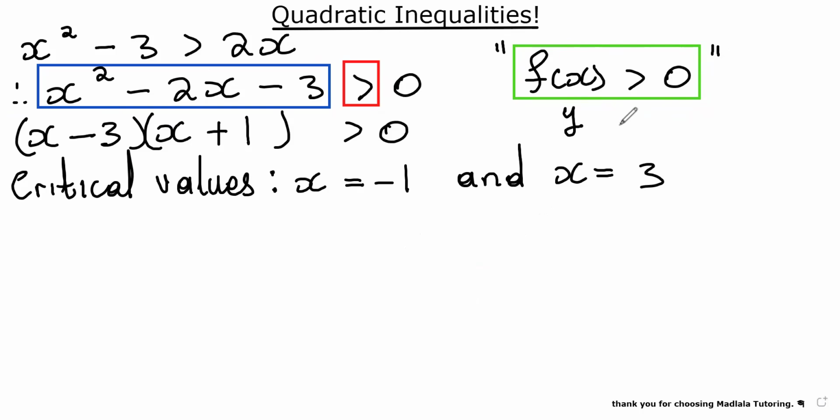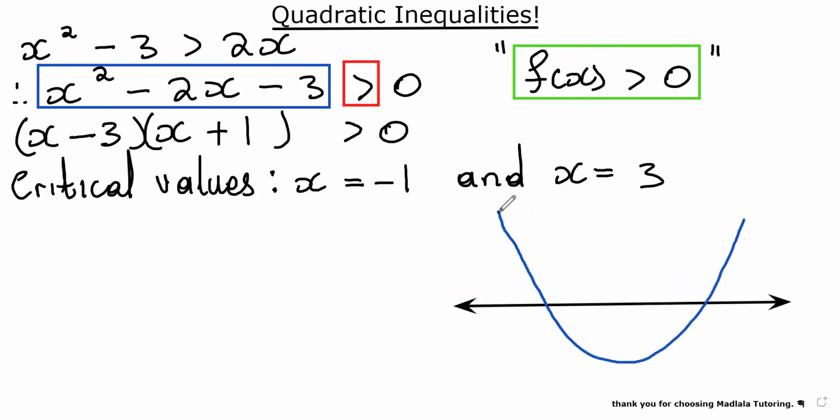After stating this, it's highly advisable that you make a small sketch of the graph of the function. We know that this is a quadratic function, and since the coefficient of x squared is equal to 1, your function is facing up like this.